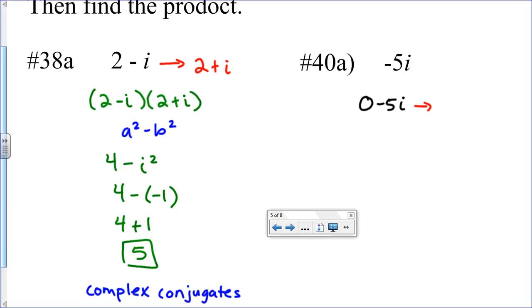The conjugate would be 0 plus 5i. Alright, so if I do the a squared plus b squared, because they're complex numbers, I'm ignoring the i.